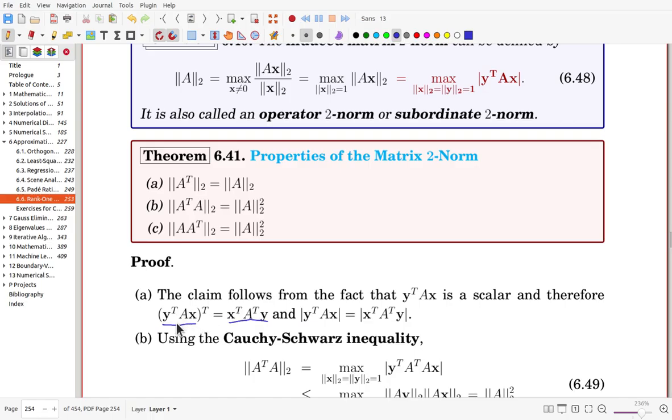So their absolute values must be the same. Now, if we maximize with x and y having norm 1, this will become the A norm. This will become the A transpose norm.